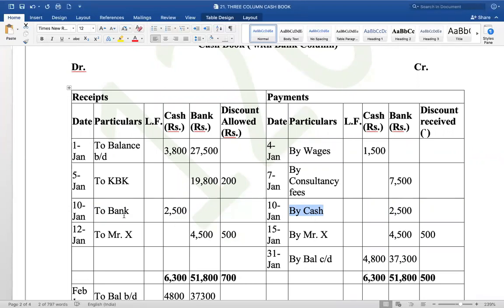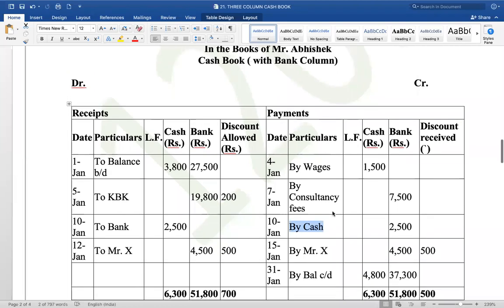Look at this. If we are writing here to bank, we are writing here by cash. Understood? Those who have asked the question, is it clear? Should I repeat again? No, sir. Clear. Good. Next.